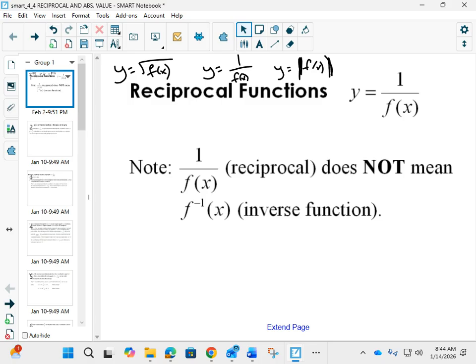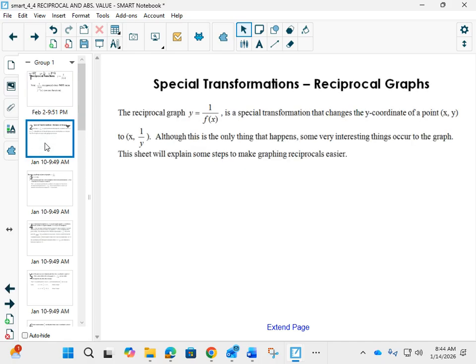That -1 means the inverse. And this is on your notes, so you don't have to write it down.